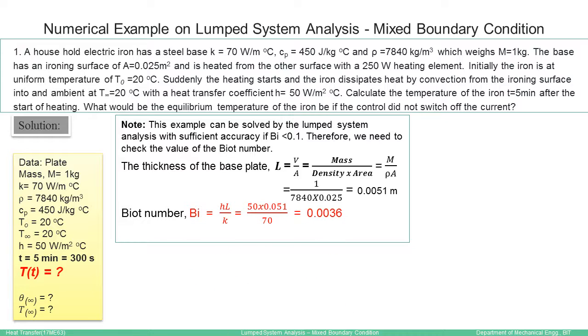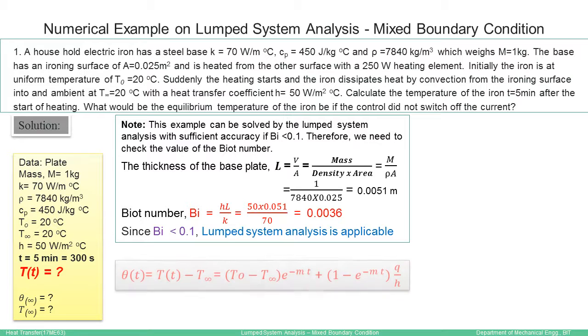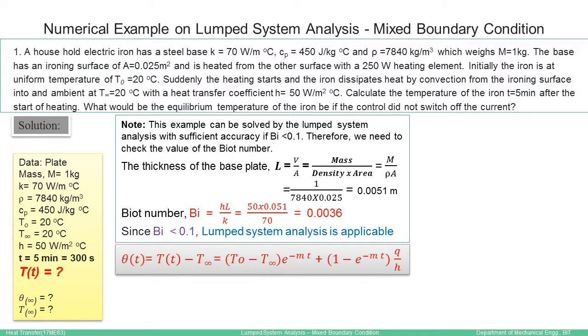Biot number from its definition hL by k is 0.0036. Since it is less than 0.1, lumped system analysis is applicable to this problem. So the lumped parameter solution for mixed boundary condition like this is used here.